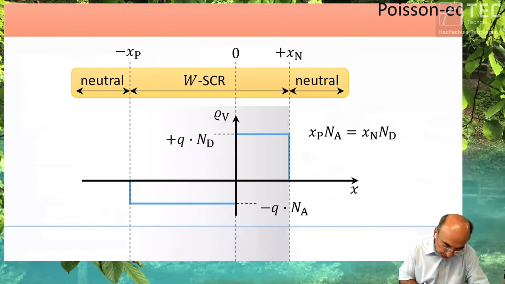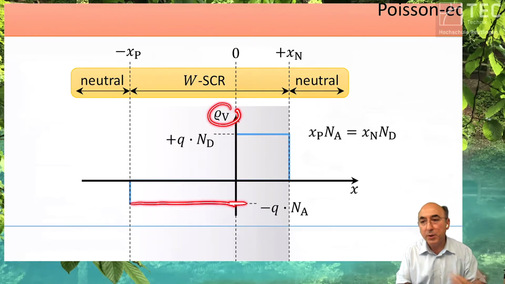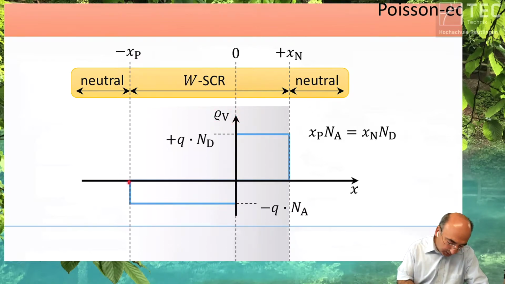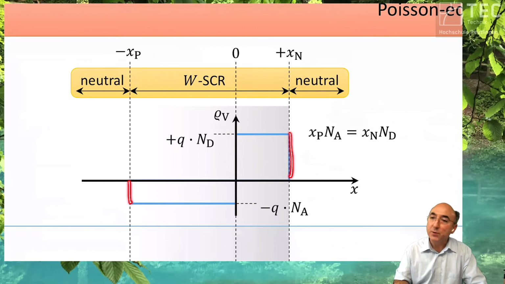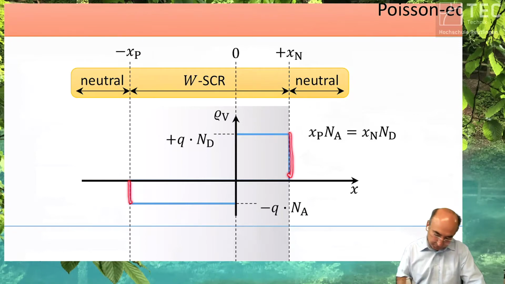So therefore we have this line at the negative axis of the space charge, and it is again constant. And outside the space charge region, we have no charges because it's neutral.